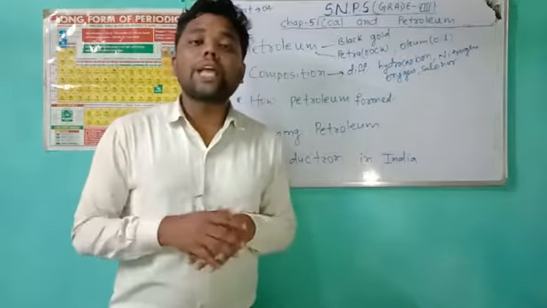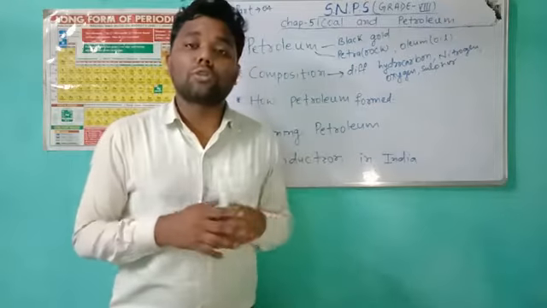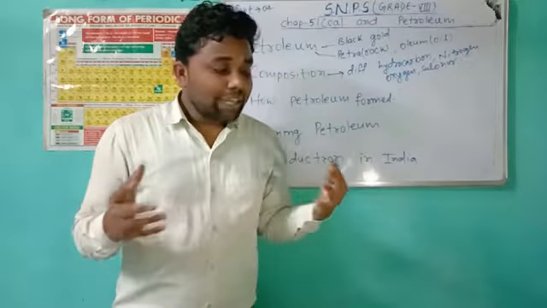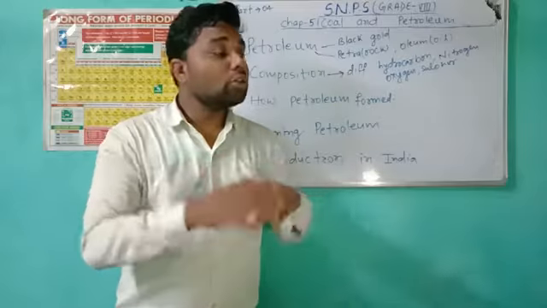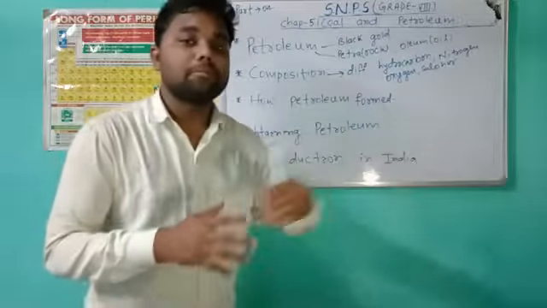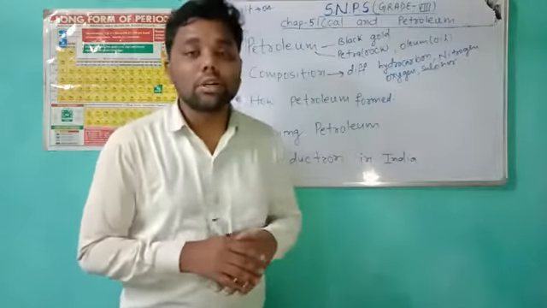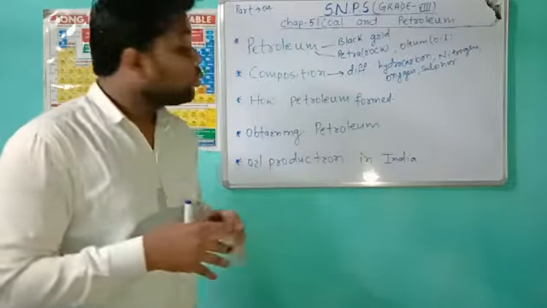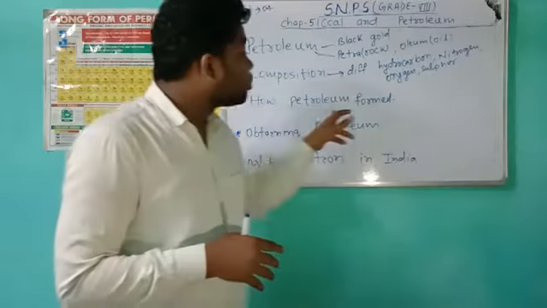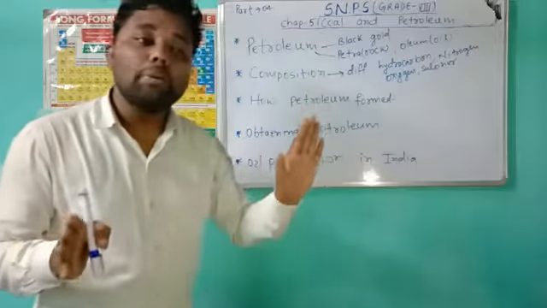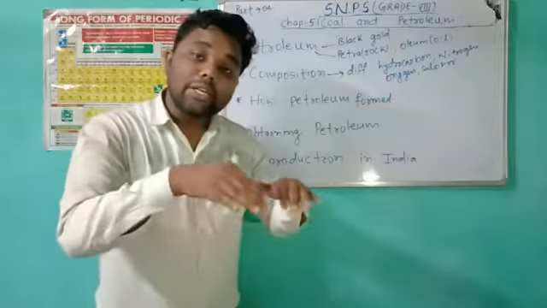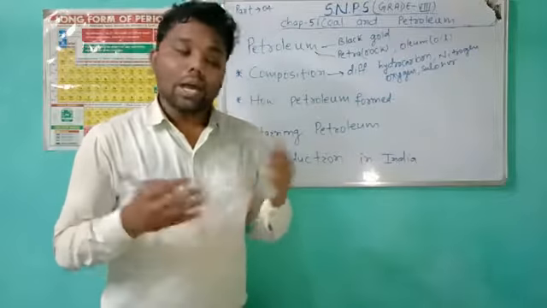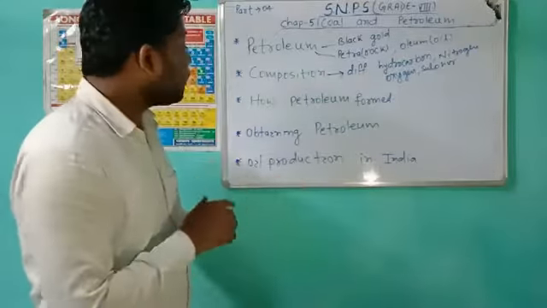It is a special type of non-porous rock, and it contains a lot of petroleum. That is called impervious rock, and it is present deep inside our earth's crust. So this is how petroleum is formed under the earth's crust.